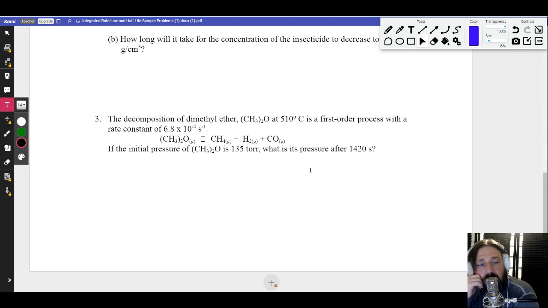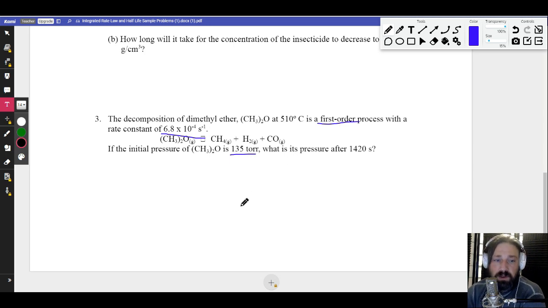All right. The decomposition of dimethyl ether is a first order process. So again, we know it's first order with a rate constant of this many seconds. If the initial pressure is 135 torr, what's the pressure after 1420 seconds? So again, this is just like it was before.